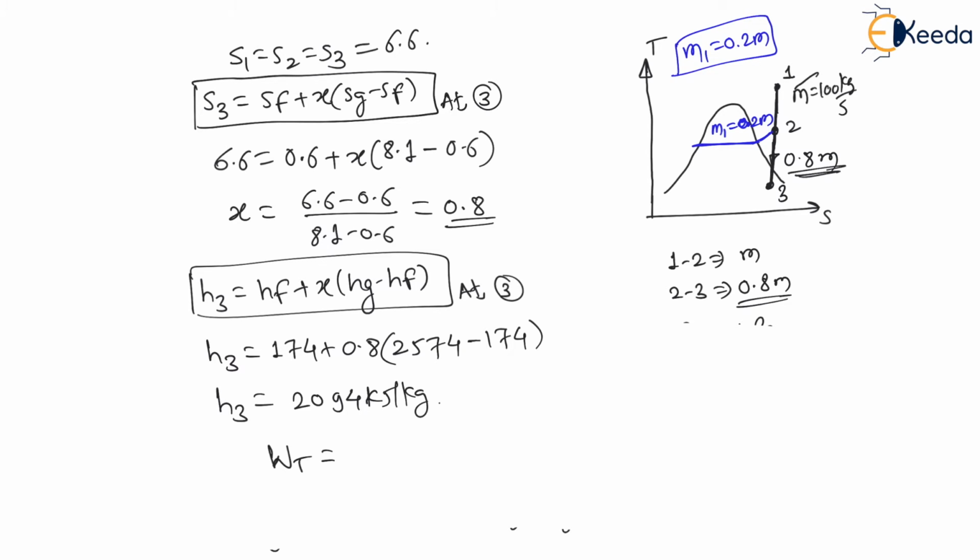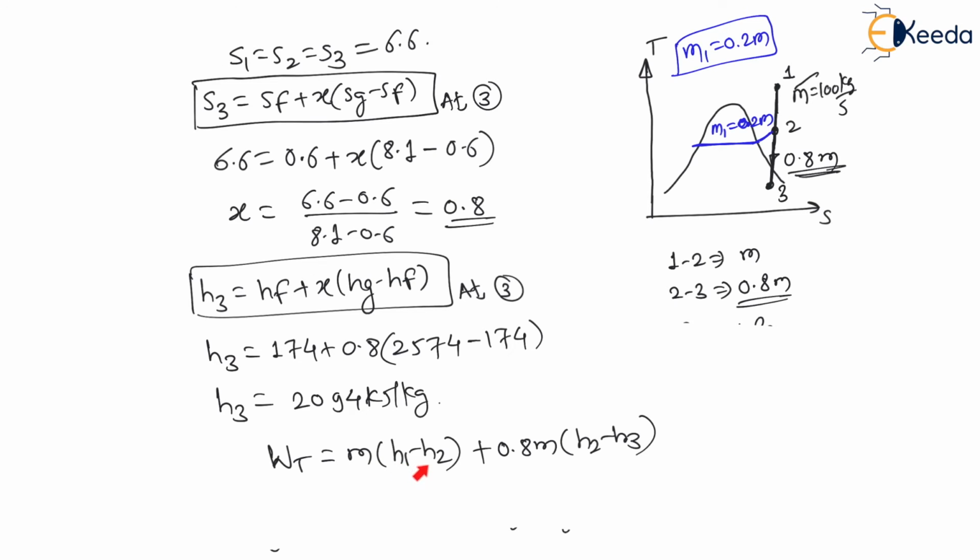Therefore the work of turbine from 1 to 2 will be total mass into H1 minus H2, plus from 2 to 3 the mass is 0.8 times total mass into H2 minus H3.